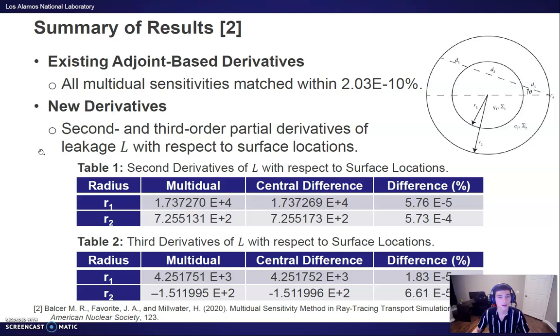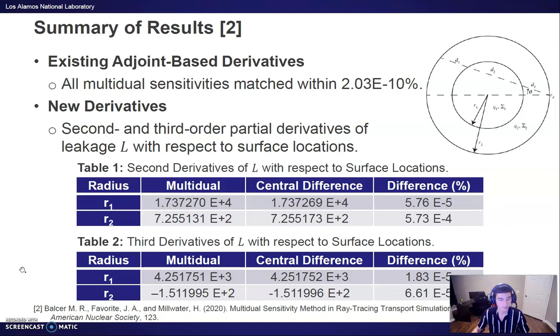We can also get new derivatives that have yet to be obtained by the adjoint method, which are derivatives with respect to surface location. We compared this with central differencing, and we got very good agreement. They match through 4 or 5 digits.